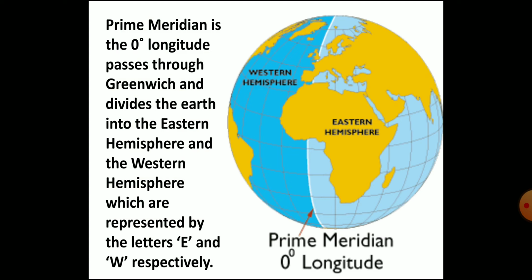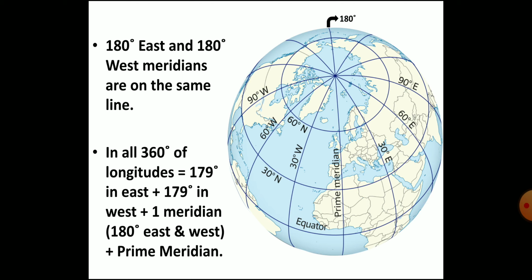The prime meridian and 180-degree meridian divide the earth into two equal halves, the eastern hemisphere and the western hemisphere. Letter E is used to mark the longitudes in the eastern hemisphere and letter W marks the longitudes in the western hemisphere.